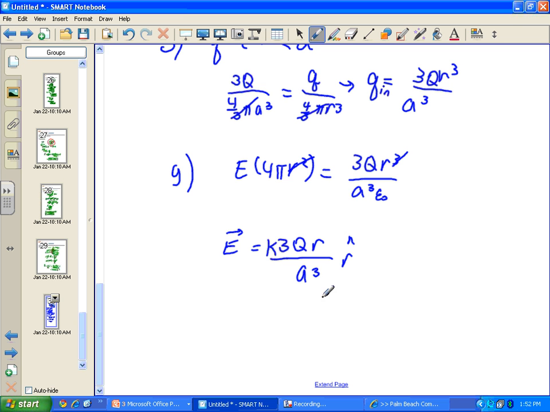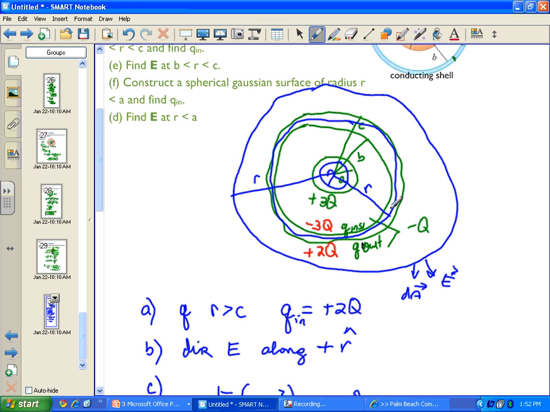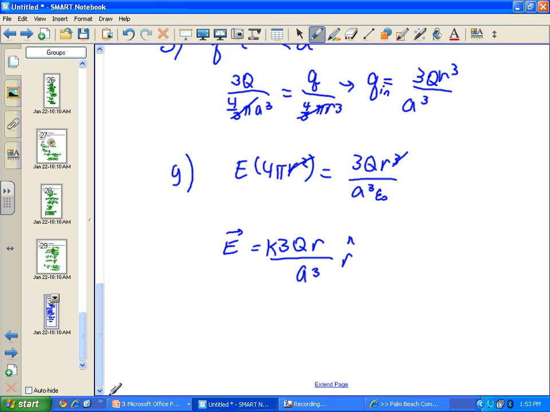How about one thing that we weren't asked: what if we wanted to know the charge contained in a Gaussian surface whose radius is greater than a but less than b? Let's do that real quick; let's make it a part G. What is Q for r greater than a but less than b?